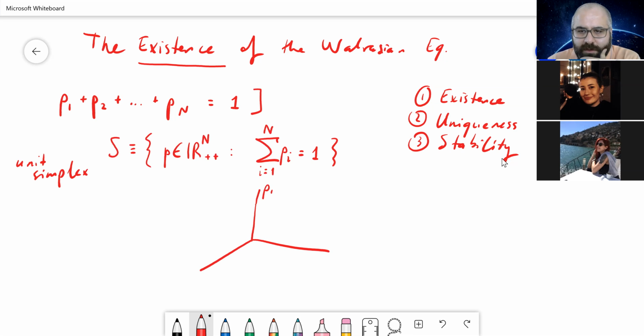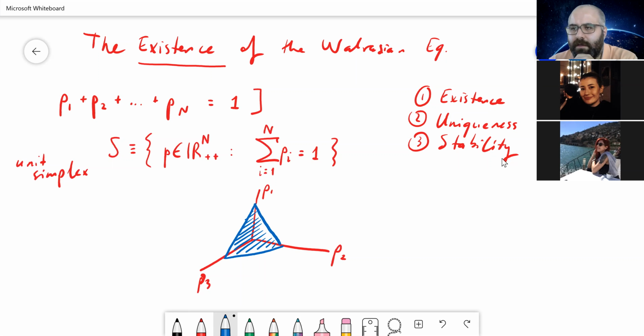You may imagine in 3 dimensions, if you have P1, P2, P3, you have something like this. A triangular plane residing in this.